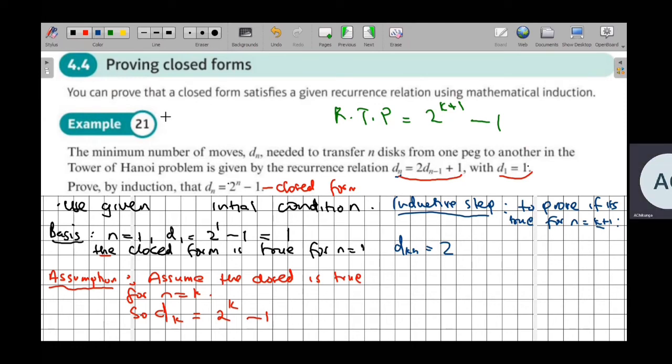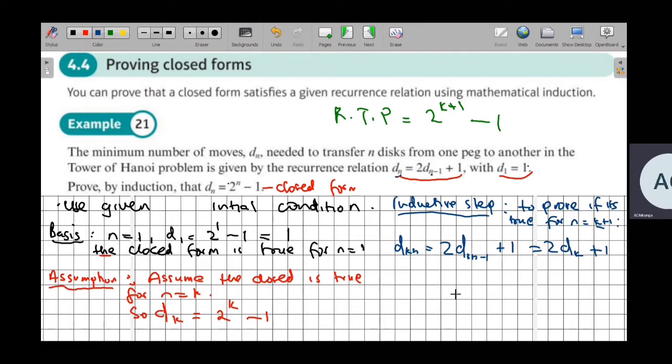Where there's n, I'm putting k plus 1, then minus 1 plus 1. Does that make sense? You're just substituting where there's n, you put k plus 1. So in fact, this reduces to 2dk plus 1.